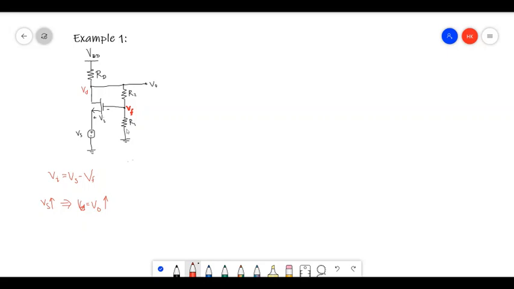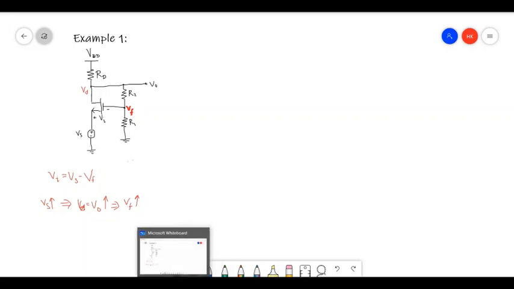When V out increases, you can clearly see that this Vf is taken across a voltage divider, so Vf also increases. So an increase in Vs will cause an increase in Vf. Both Vs and Vf are of the same polarity, so they will be subtracted. So this is a negative feedback system.